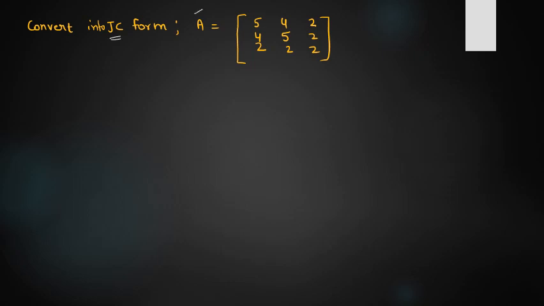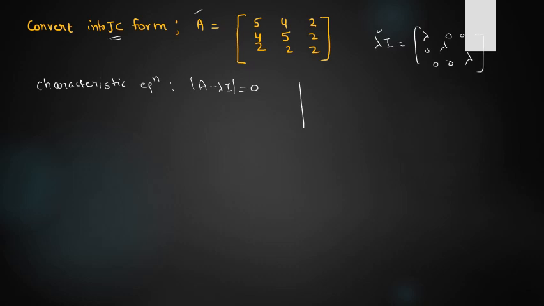Now just like we do in order to find any eigenvalue, we first have to find the characteristic equation, right? So we will do the same here. The characteristic equation is: determinant of A minus lambda I should be 0, right? What would be A minus lambda I? Lambda I is the identity matrix where diagonals are 1, so you multiply that 1 with lambda, and all the rest of the elements would be 0.